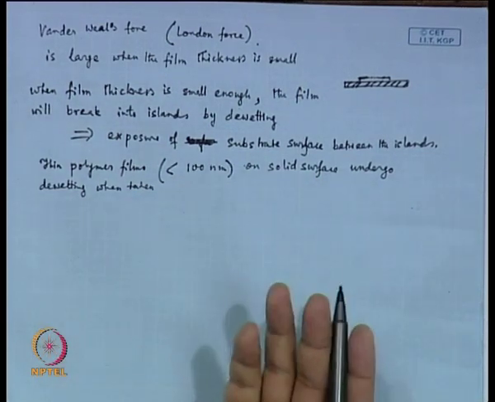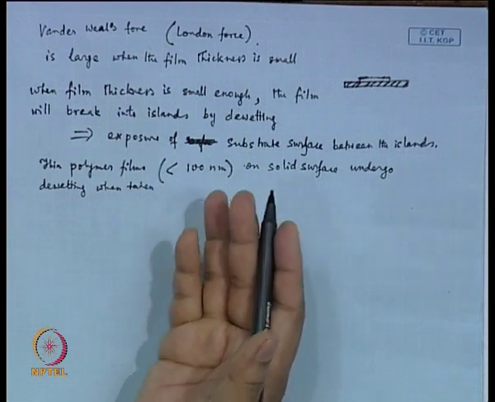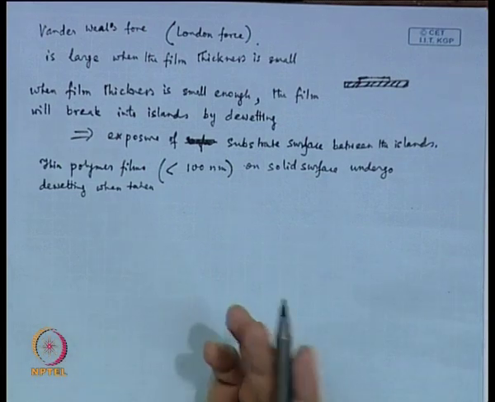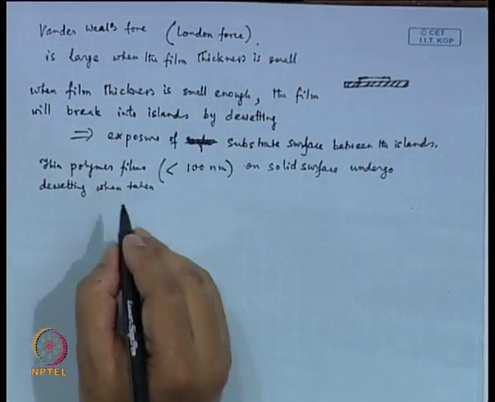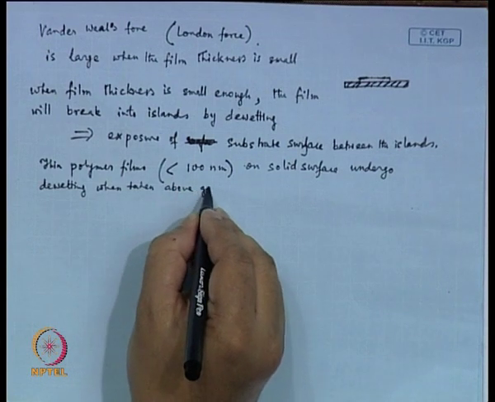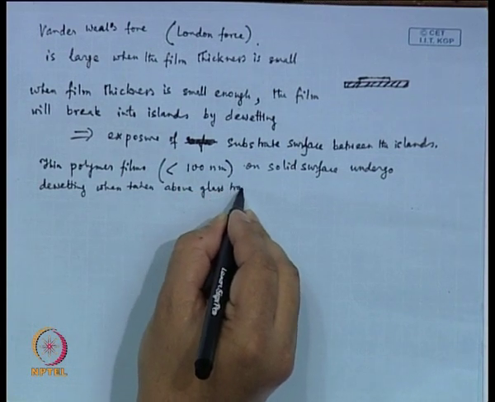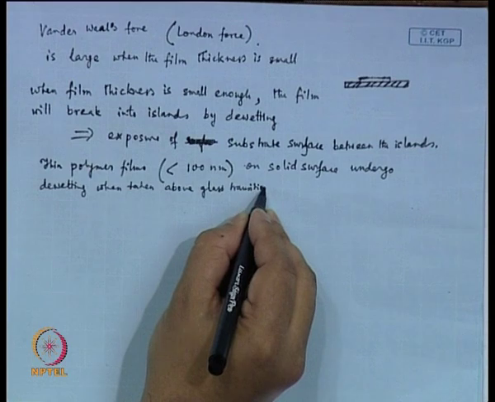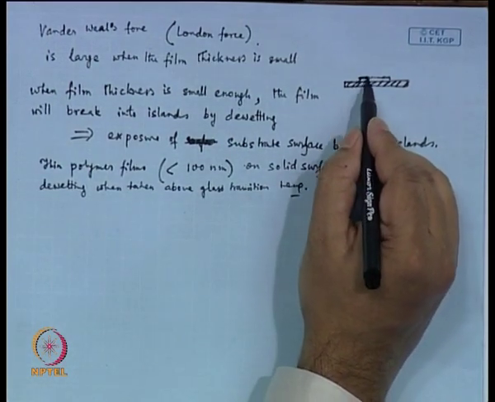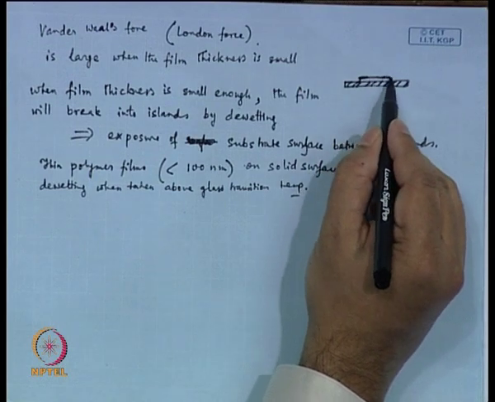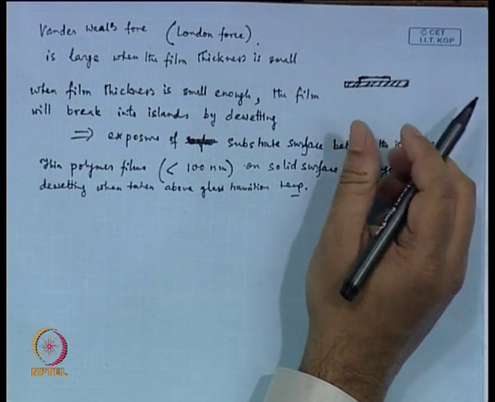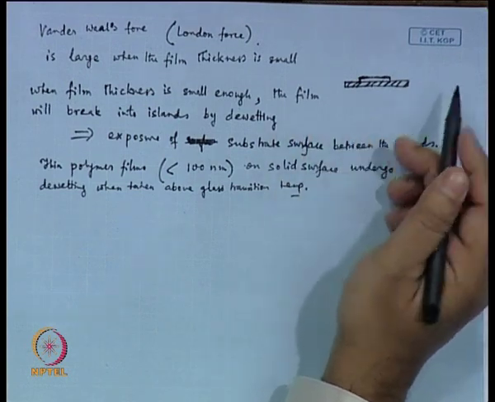These thin polymer films undergo dewetting when taken above glass transition temperature. So, what this means is, if you first form a thin polymer film and then heat it above its glass transition temperature, you will see these islands being formed.